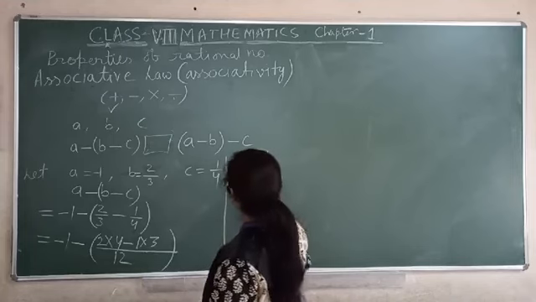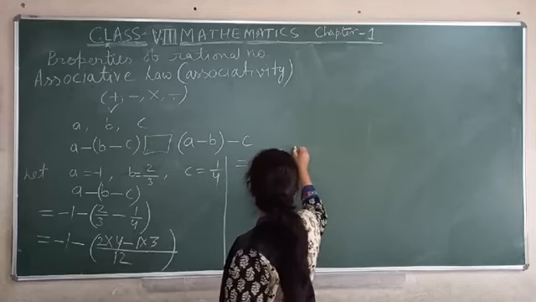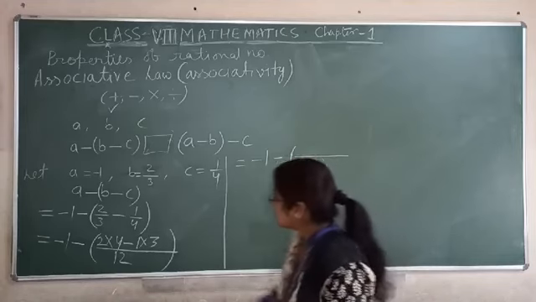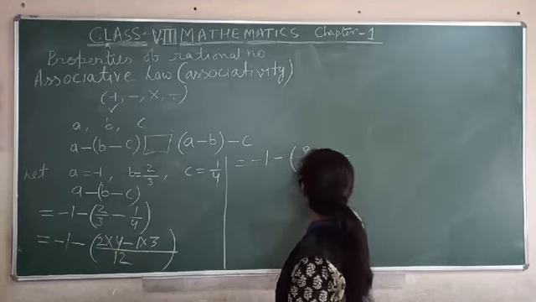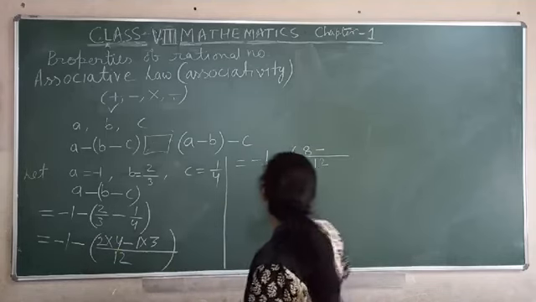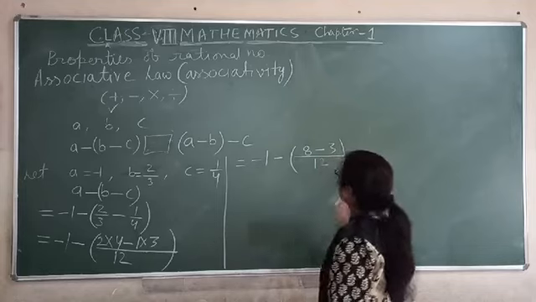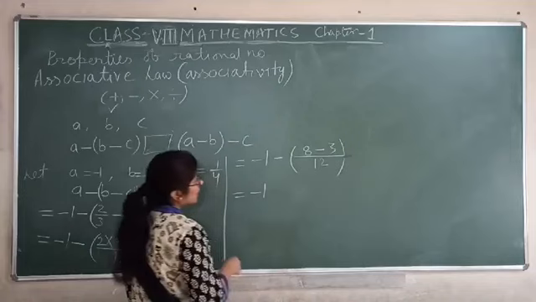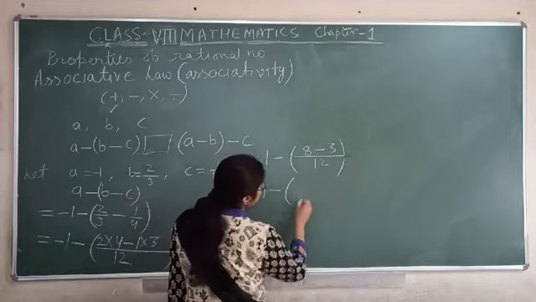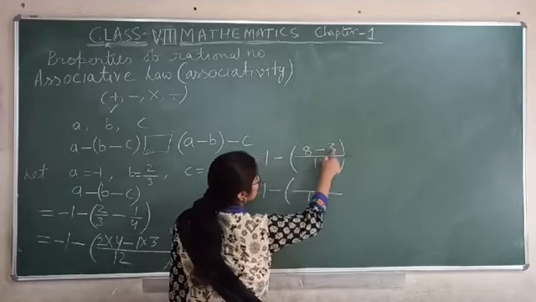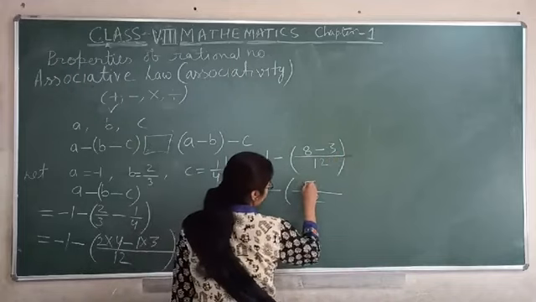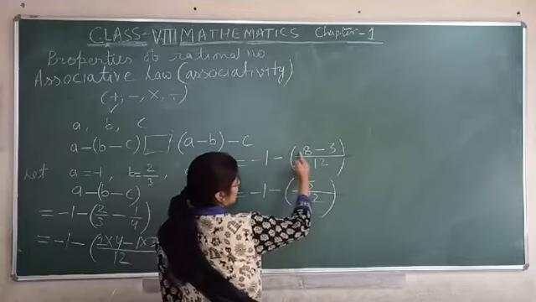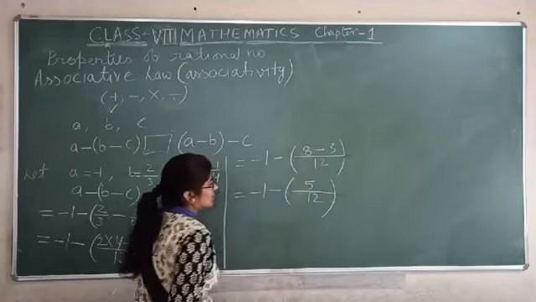Now minus 1, minus within bracket you have 12, 8 minus 3, how much? 5. If you apply the rule here, the sign of the greater number, so you are getting plus here.